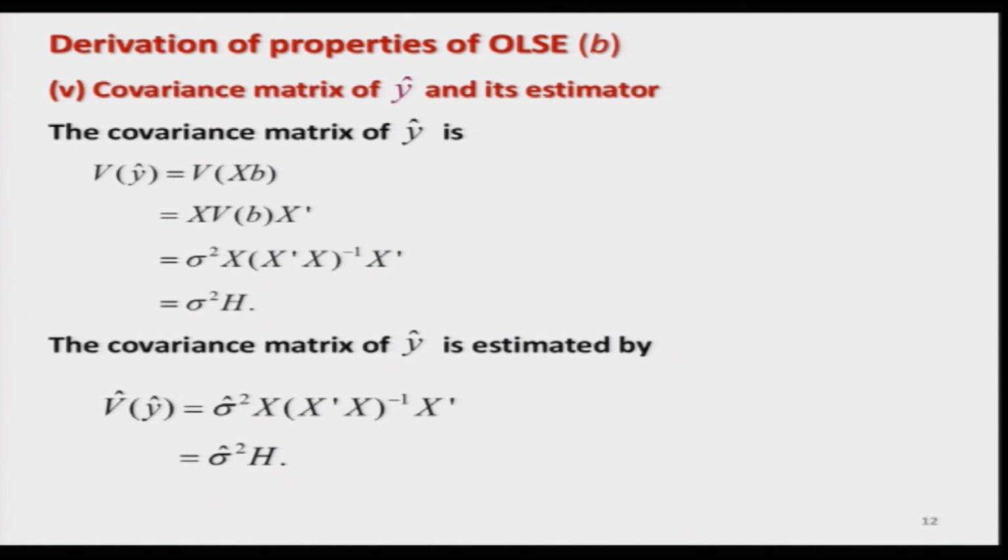Right. So, hence now if you want to estimate the covariance matrix of y hat, you can simply replace the quantity sigma square by sigma square hat. If you remember, we had obtained this covariance matrix of y hat, the fitted values, which was sigma square H. Now, I can replace sigma square by sigma square hat, and I can obtain the estimate of the covariance matrix of y hat.